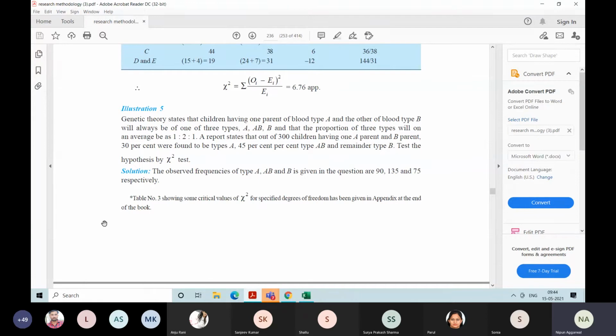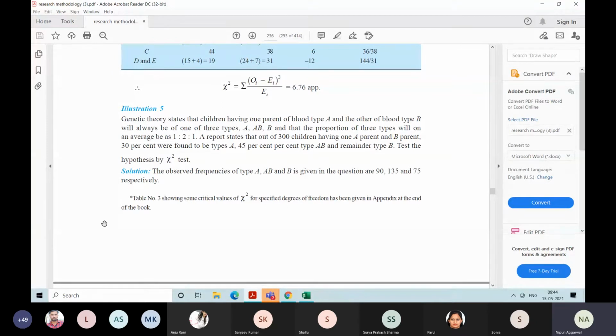So 1 by 4 is the probability for A, 50% is the probability of AB, and again 25% is the probability of B. So that is the expected. It is given as the expected frequencies of 25, 50 and 25%. 1:2:1 can be read as 25:50:25.